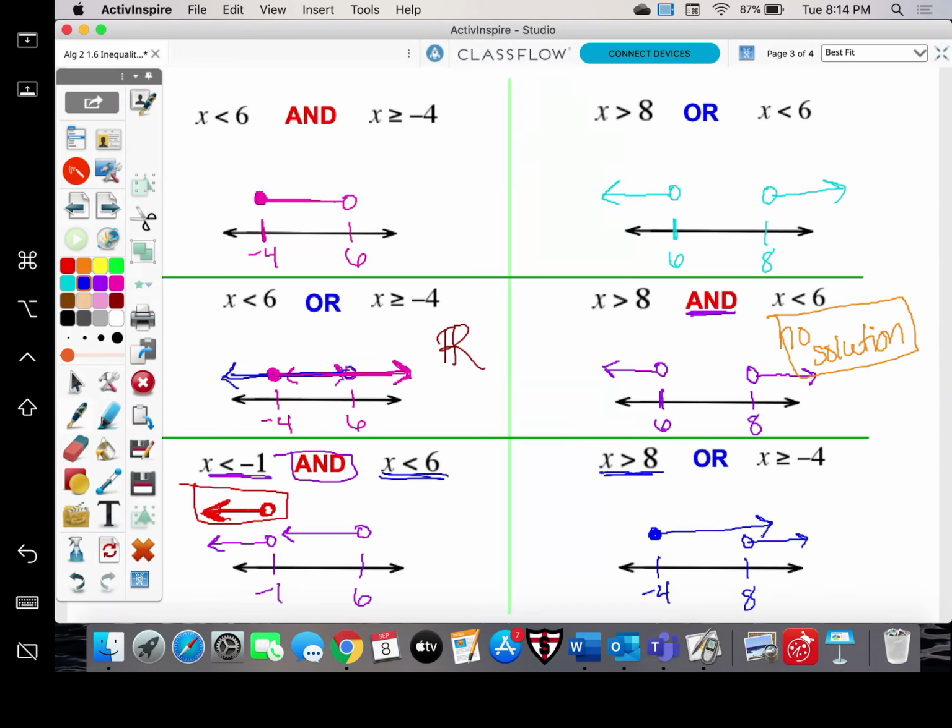And now we're looking for OR. So any number just has to be on one branch or the other. So our final answer will end up being anything that we shaded in either graph. So it ends up being this red line because it can be either. All right, so sometimes super cool, weird things happen, and they're really fun.